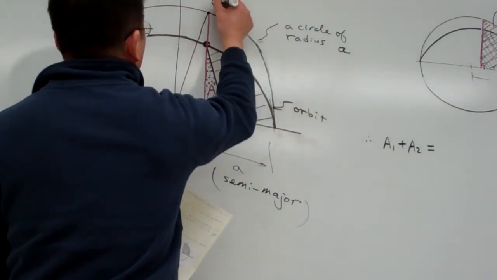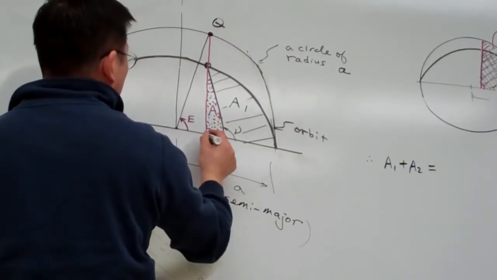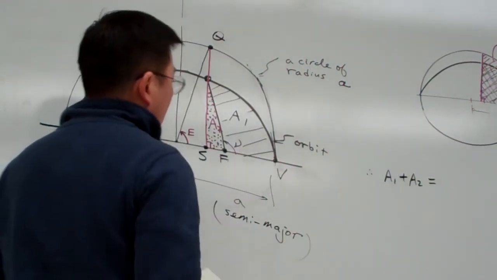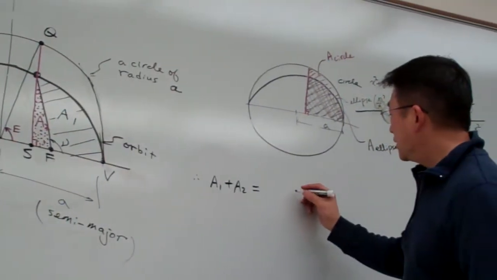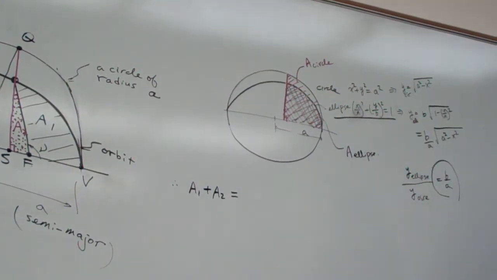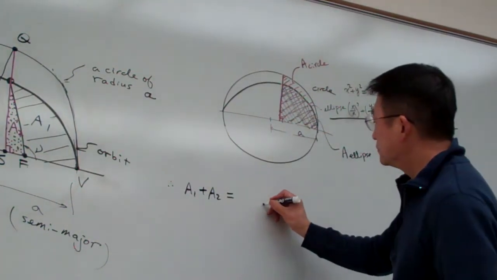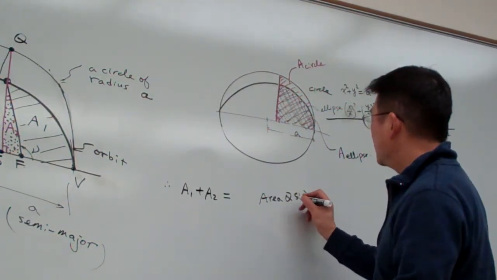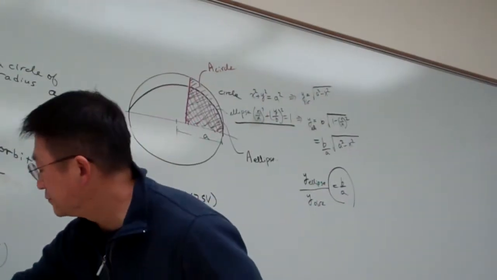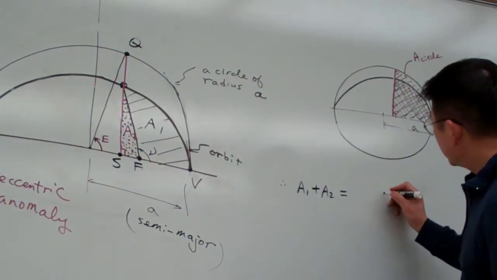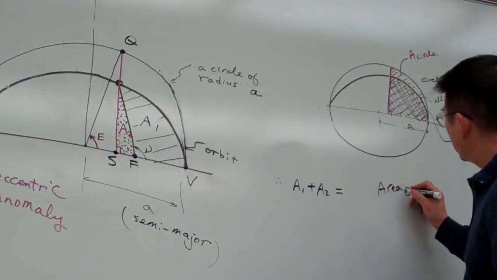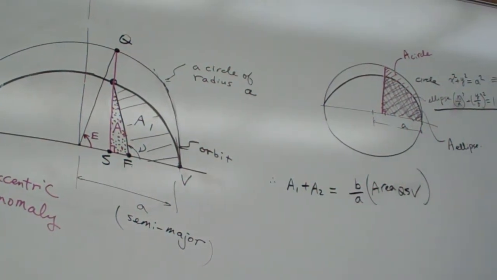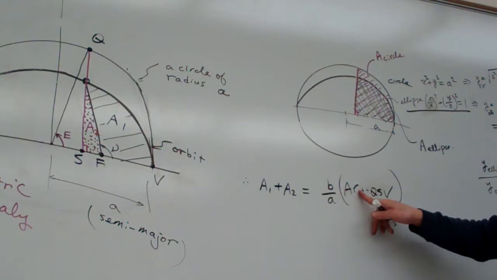So here is Q, and this point, let me call it S, and this point, let me call it V. Okay, so A1 plus A2 simply is the area QSV. Can you see it? The area QSV.